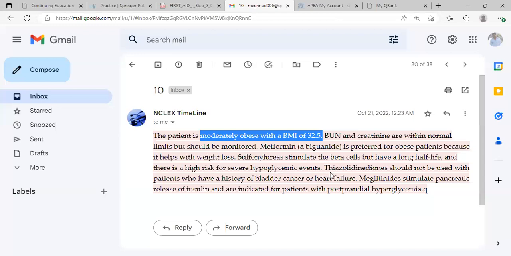Another medication for diabetes is called thiazolidinedione. It should not be used in patients who have a history of bladder cancer or heart failure.